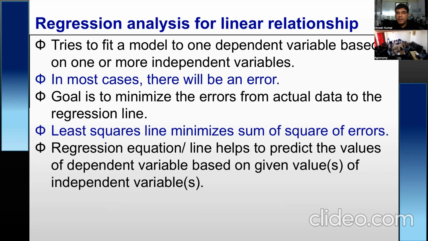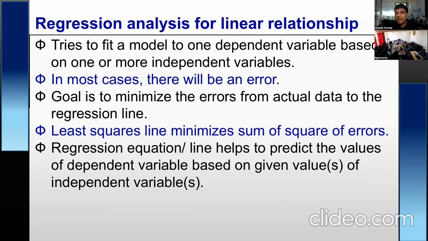So it tries to fit a model to one dependent variable based on one or more independent variables. Tries to fit a model means to find out the equation. And once you have found out the equation, you can plot it because you can calculate the values x1, y1, x2, y2, and so on. Then we can plot a line, we can make a line.